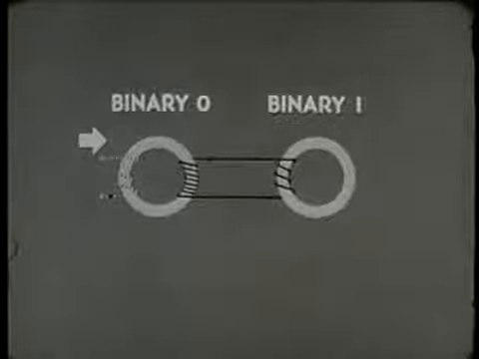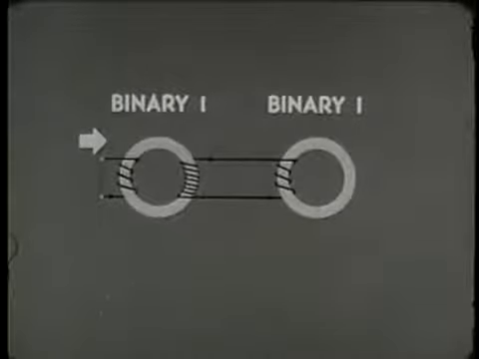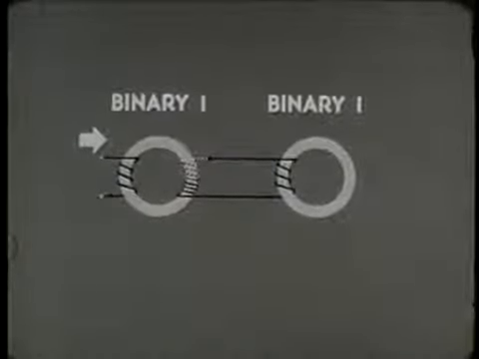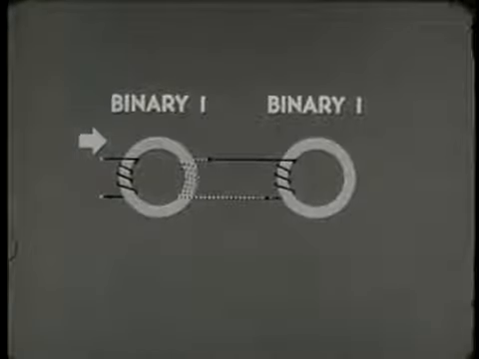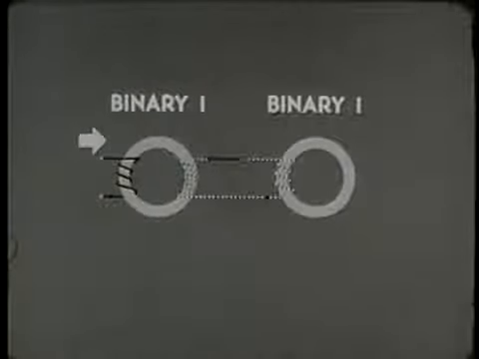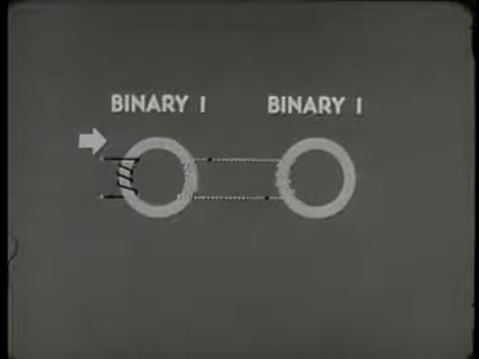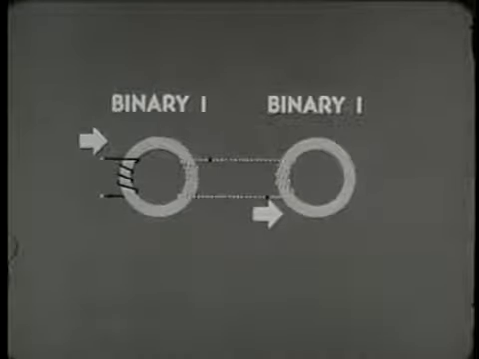Current flows into the non-dot side of the first core's input. The first core is switched to 1, as we wanted. But this produces current to flow out of the non-dot side of the first core's output, along the circuit and into the dot side of the input winding on the second core, switching that core to 0, which we did not want.